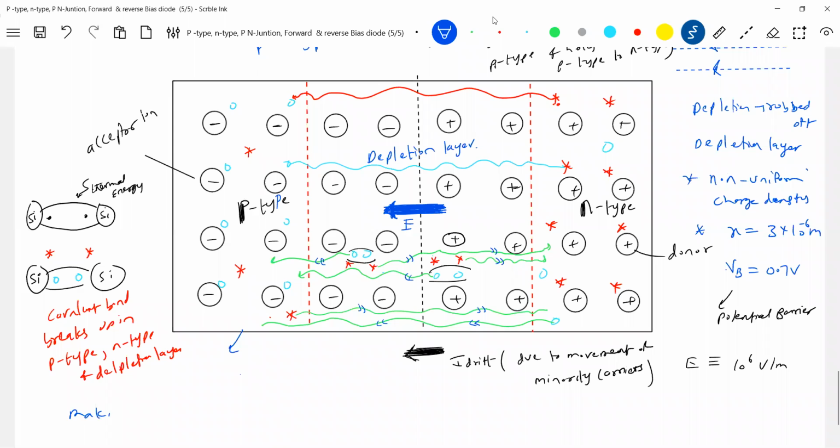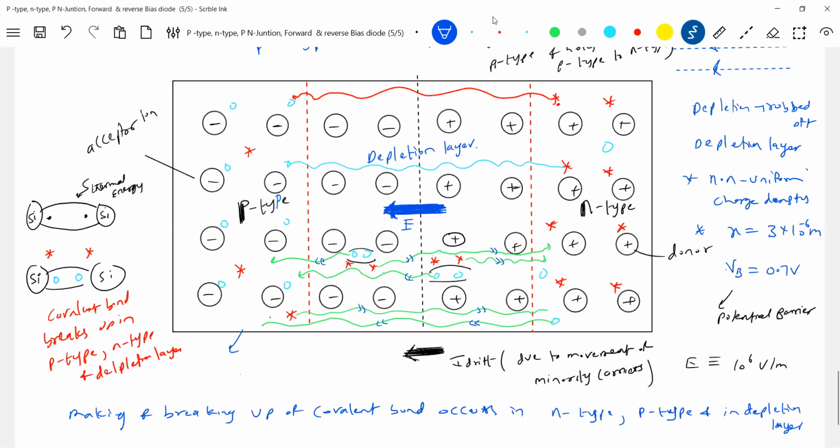I think I'll write it here: making and breaking up of covalent bond occurs in N type, P type, and in depletion layer at all times. Like this, this semiconductor continuously has this making and breaking.